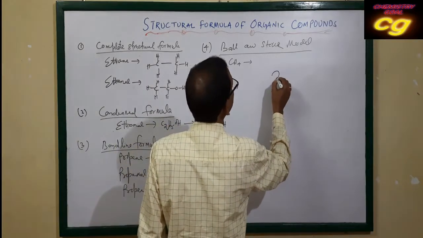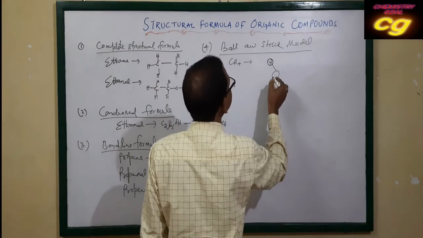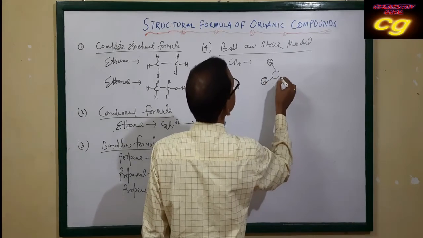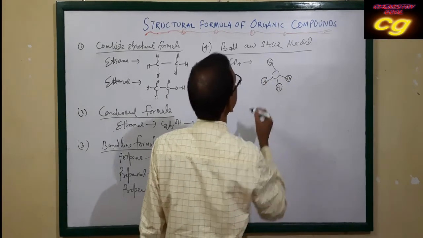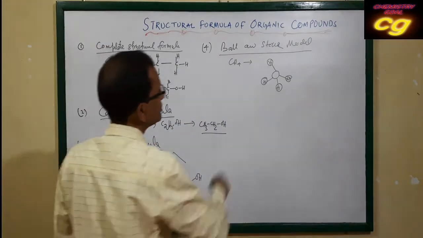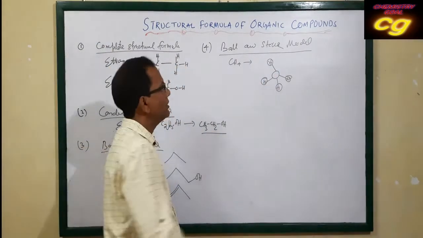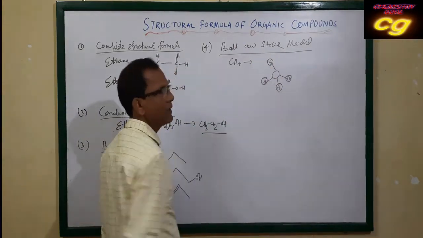Here this is your carbon atom, and the hydrogen atoms are shown like this. This is ball and stick. The stick indicates the bond, this is the central atom, and these are the bonded atoms.